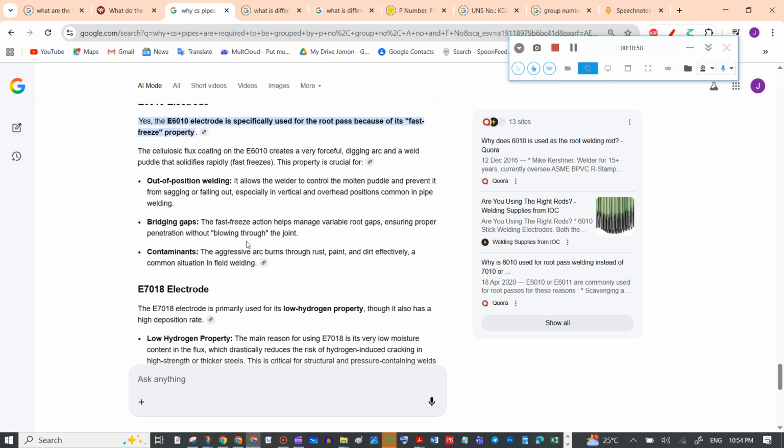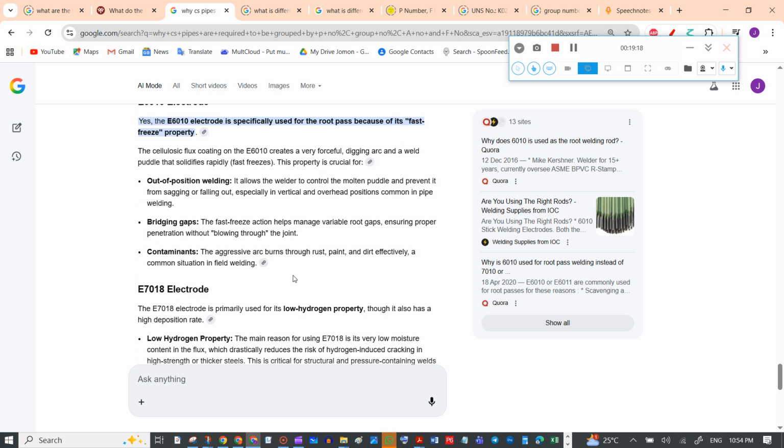A fast freeze action helps to manage variable root gaps, ensuring proper penetration without blowing through the joint. The aggressive burn also cuts through contaminants like rust, paint, and dirt, a common situation in field welding.